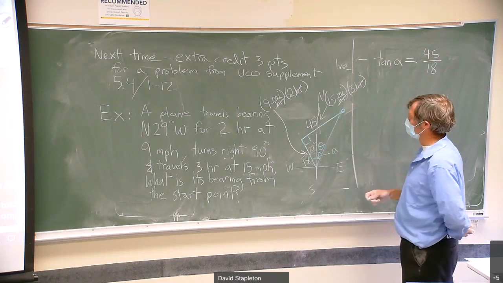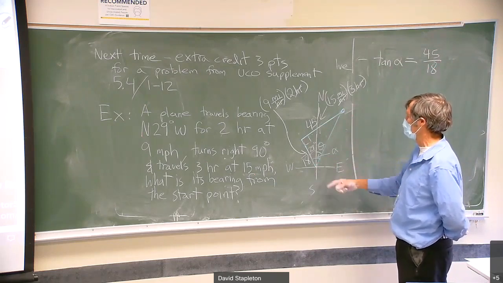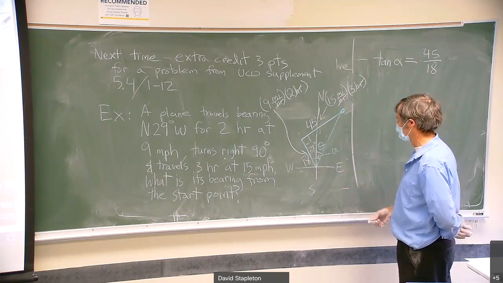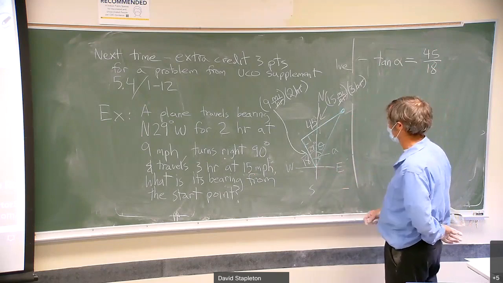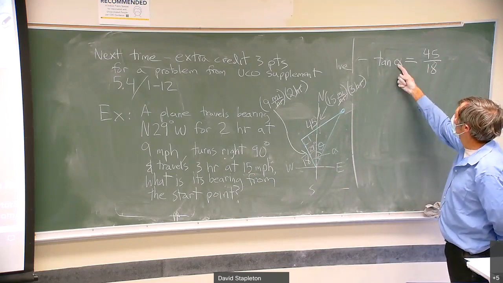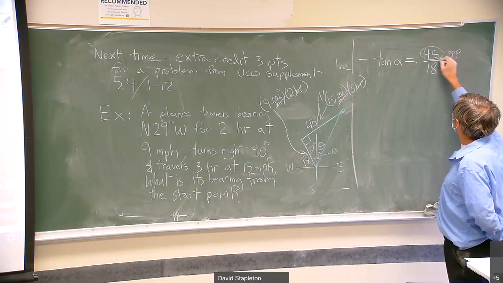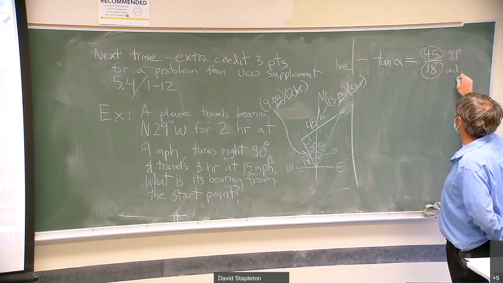Now, it actually wouldn't be so bad to say, well, I know these two sides, I'll figure the third side with the Pythagorean theorem, but since you don't need it, I won't bother to do that. Often you'll do that kind of stuff. So I'll say that by a trig relationship, this is opposite over adjacent to the given angle alpha.